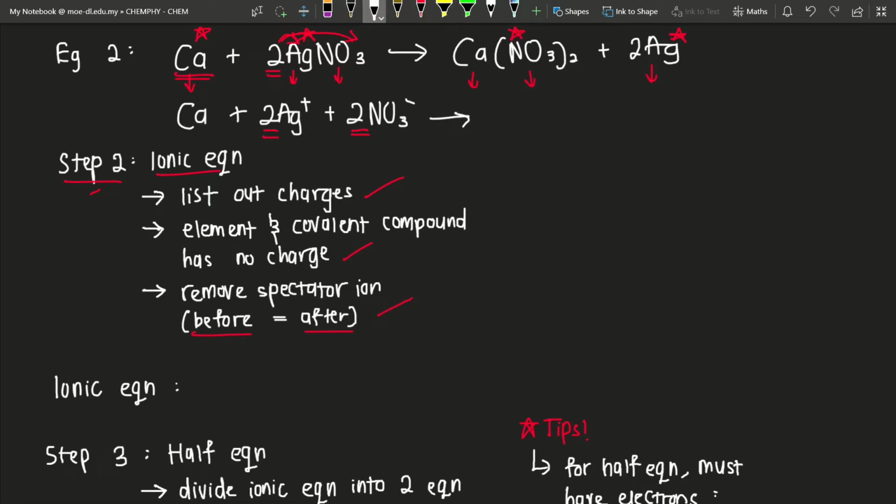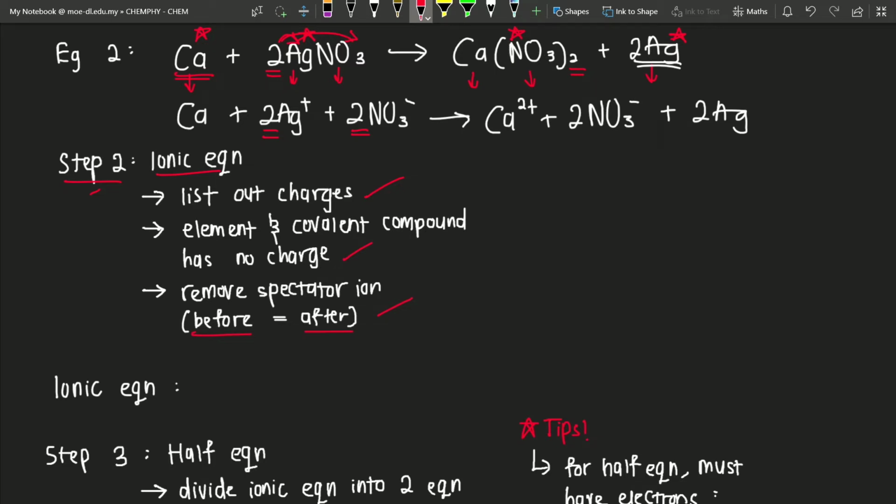You guys will split it into its respective charge. Ca is Ca2 plus. NO3, it got 2 here. So it means plus 2NO3 minus. And then your Ag here is an element, it's an atom. So it has no charge. You guys will just write it as usual, 2Ag. And then you guys will remove the spectator ion. Korang akan buang ion penonton.